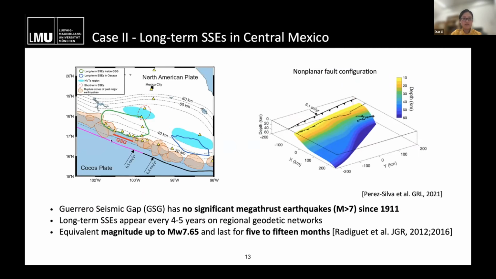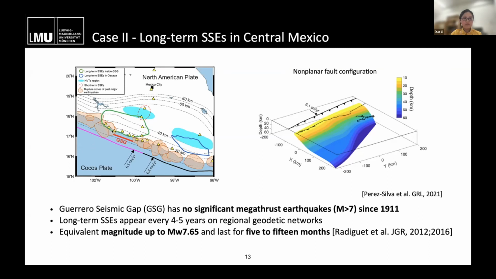So it's called the Guerrero seismic gap. But in the deeper part of the fault in this area, there are these long-term slow slip events up to magnitude 7.6, repeated every 4 to 5 years.